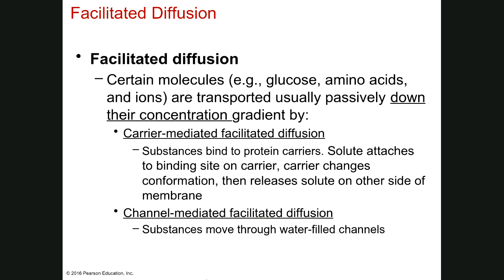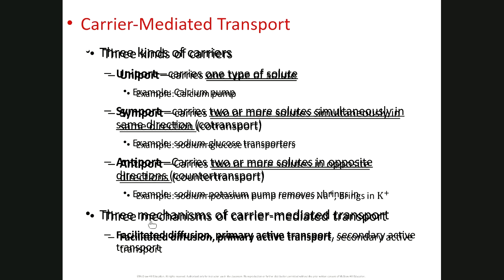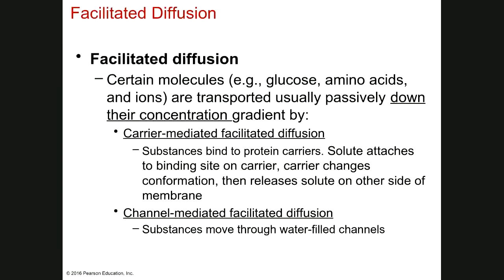So, remember, we're discussing the 3 ways that carrier-mediated transport is carried out. Don't get confused. At the top here, we said there are 3 types of carriers: uniport, symport, antiport. But there are also 3 mechanisms by which any of these carriers operate. So we're just going to mention a little bit about each mechanism. The first mechanism is facilitated diffusion.